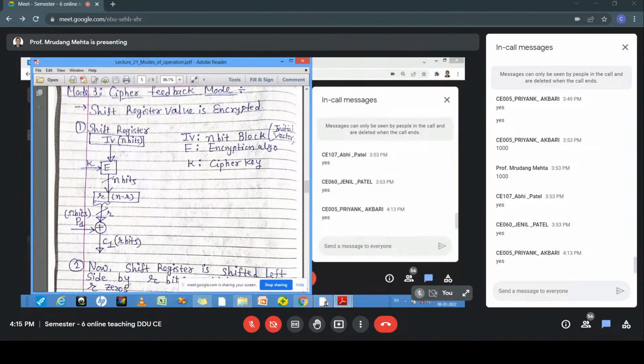So what happens? We take the initial vector of n bits and apply encryption over this n-bit initial vector with the help of the key, and it generates an encryption of n bits. Up to this, is it understood? It is a very important mode.